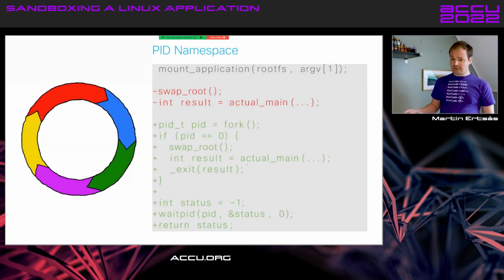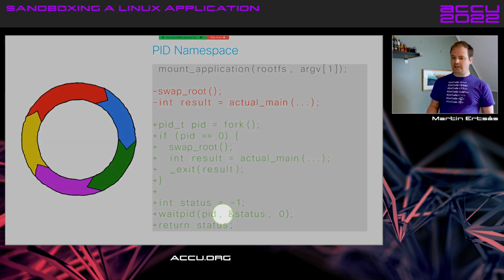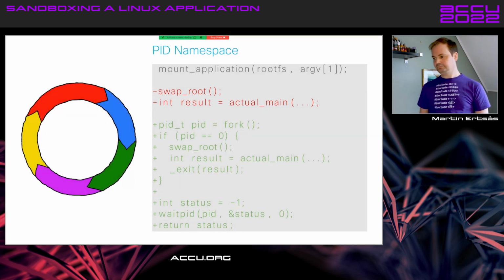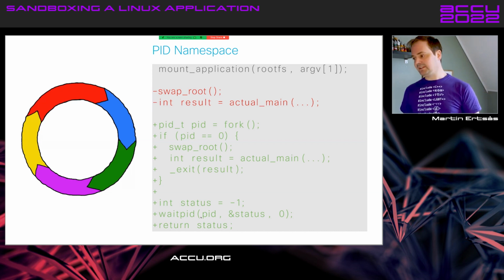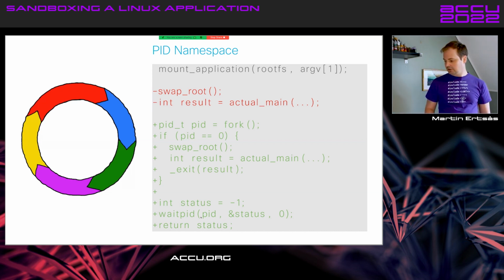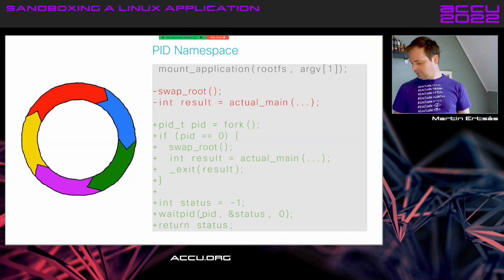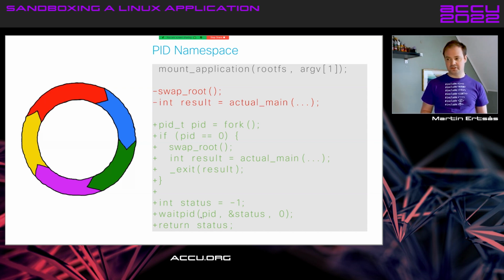And then as the parent, you would basically wait for the child process to exit and return the status code. If you don't do this wait, you will send a signal to kill the child process, which is not what you actually want.